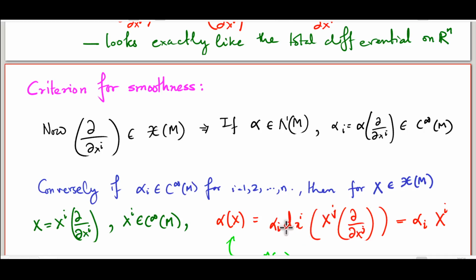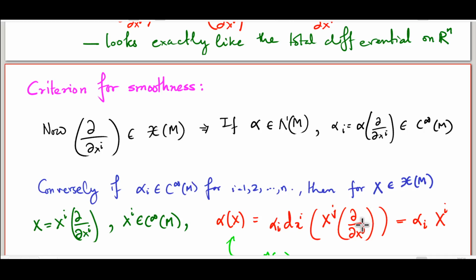And here you can pull the capital Xj's, which are just functions, out of this. dxi goes and acts on del del xj directly, and that gives you a delta ij, as we have already seen before. Remember, delta ij is a function, not really a number, or rather a bunch of functions.